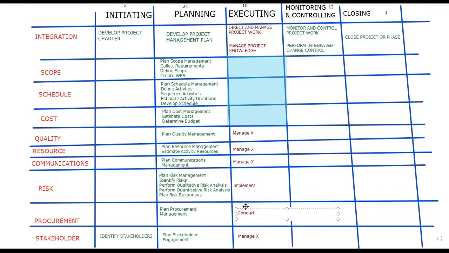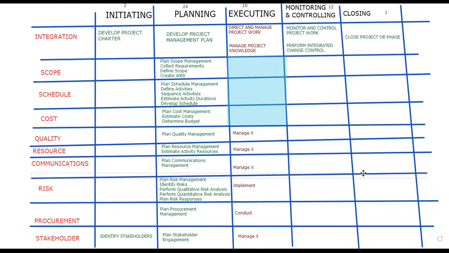Okay. Resources is actually one of those pretty big areas because we have 6 processes in resources. So I'm going to move this down just a little bit so that we've got more room to play in the resource column.